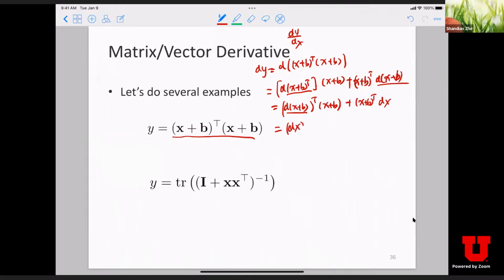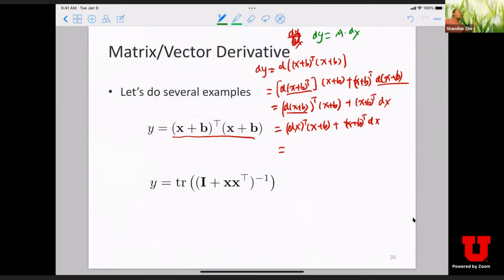And similarly, we have the result here. So it's dx transpose times x plus b, plus x plus b transpose times dx. Remember, we want to organize the final form to be something like A times dx. So our final form shouldn't include any dx transpose.